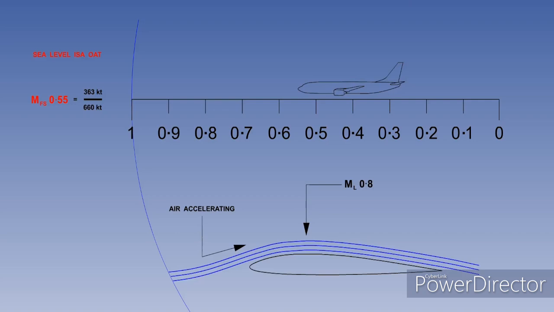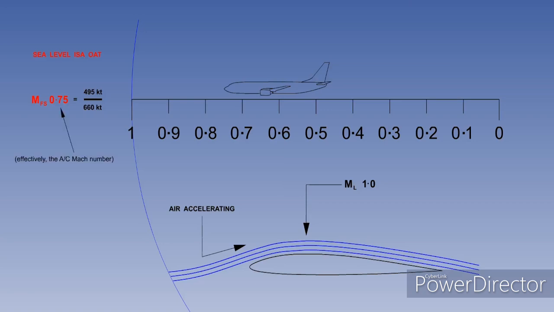Let's see what happens as the aircraft accelerates in level flight. Both the free stream Mach number and the local Mach number are increasing. Notice the local Mach number has now reached the same value as the speed of sound, Mach 1.